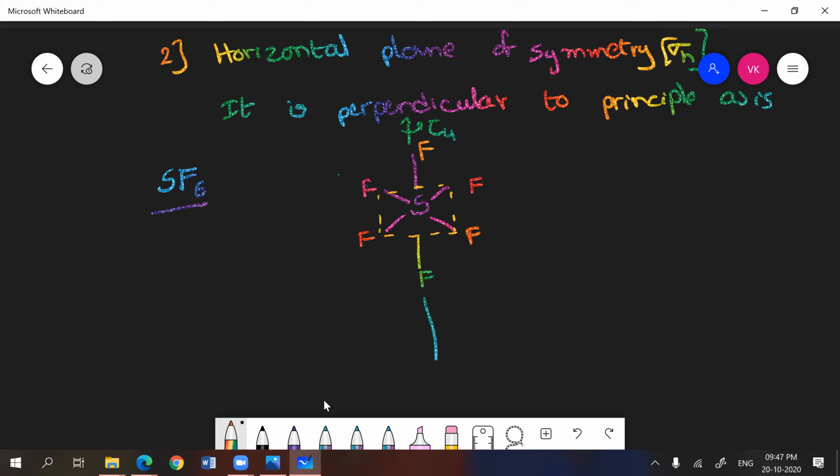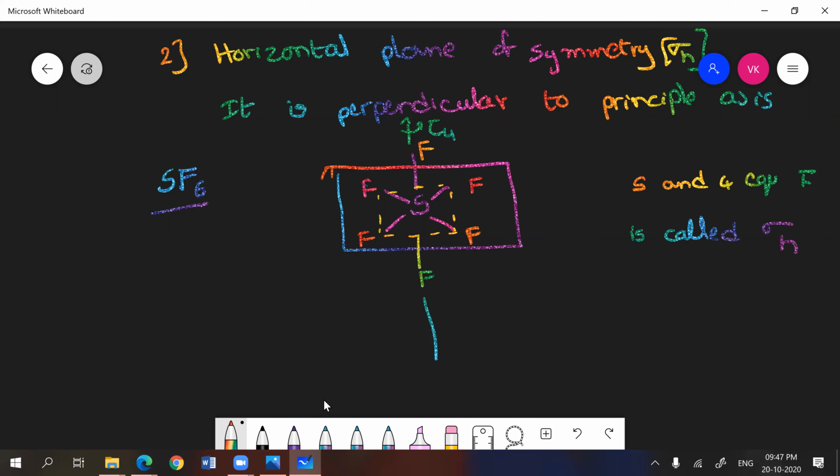This plane, along with sulfur and the 4 equatorial fluorine atoms, is called sigma h. So you can see this is exactly at a 90 degree angle to the principal axis.